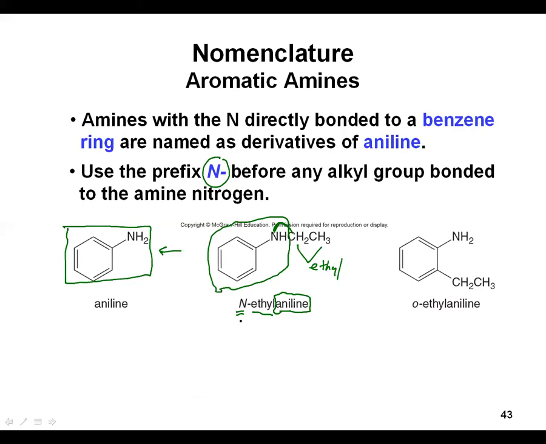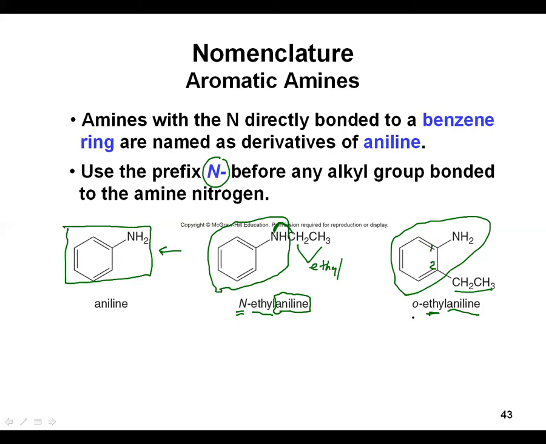We also could have something like we saw as well. Remember the positioning here. Taking this part of it, that's our aniline. This is our ethyl. And if we number, that's carbon 1, carbon 2. And 1,2 positioning is the ortho positioning. That's what the O stands for.